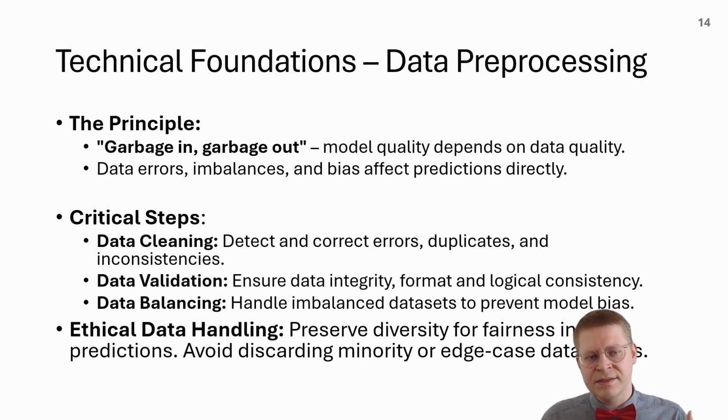And data balancing is crucial, especially when datasets are imbalanced. For example, fraud detection datasets where fraudulent transactions make up less than 1% of the total data. If left unaddressed, the model might disproportionately favor the majority class, effectively ignoring rare but critical cases.